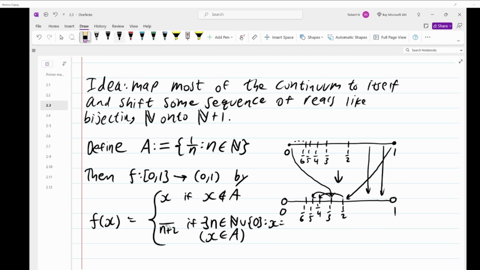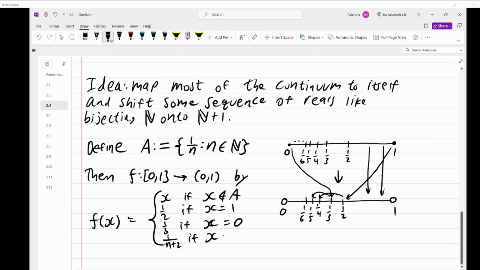Oh, no. All right, now I've got it. I broke myself, but I'm fixed now. It's 1/2 if x is 1, 1/3 if x is 0, and 1/(n+2) if x equals 1/n for some n. That's better. Okay.